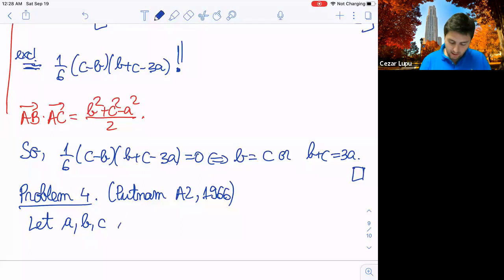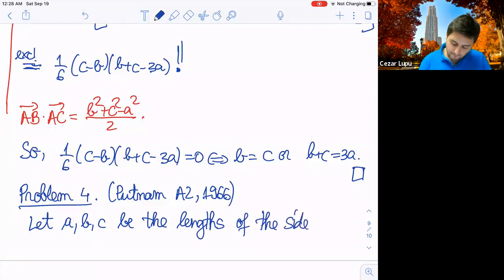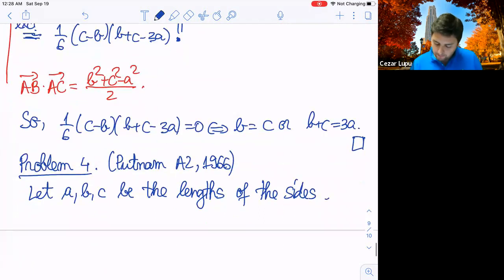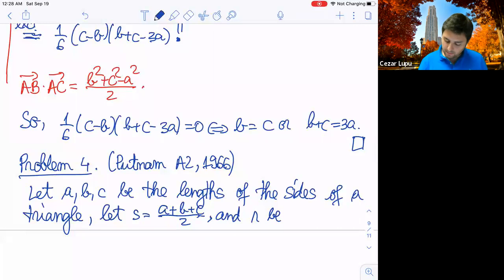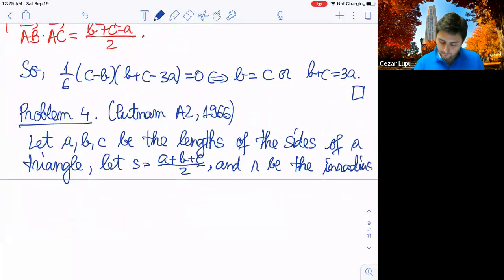Let A, B, C be the lengths of the sides of a triangle, and let S be the semi-perimeter, which is given by (A plus B plus C) over 2, and R be the inradius of the inscribed circle.